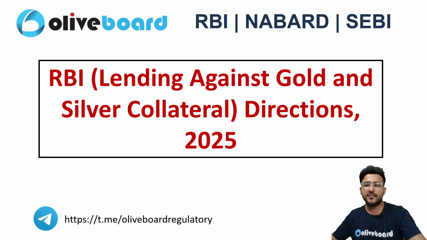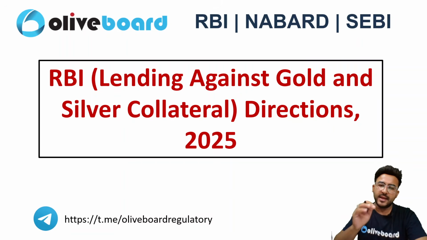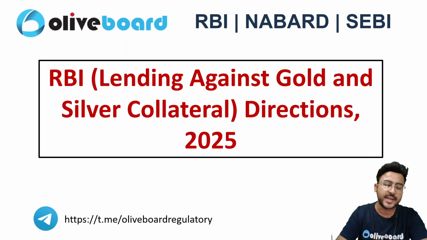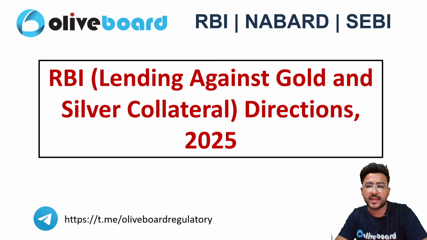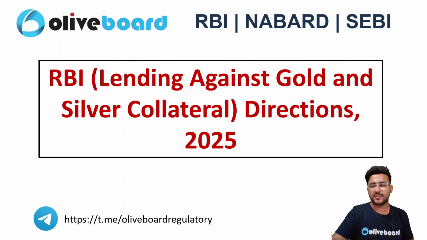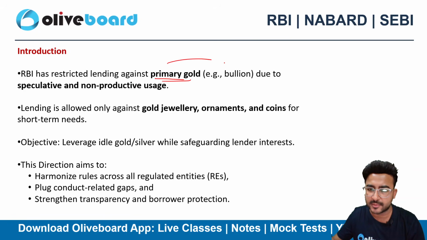Let's start with the first RBI circular, RBI lending against gold and silver collateral direction 2025. So this is lending against gold and silver collateral. If you are taking a loan and you are giving gold or silver as collateral, definitely these directions will apply. RBI has restricted lending against primary gold, which is nothing but bullion.